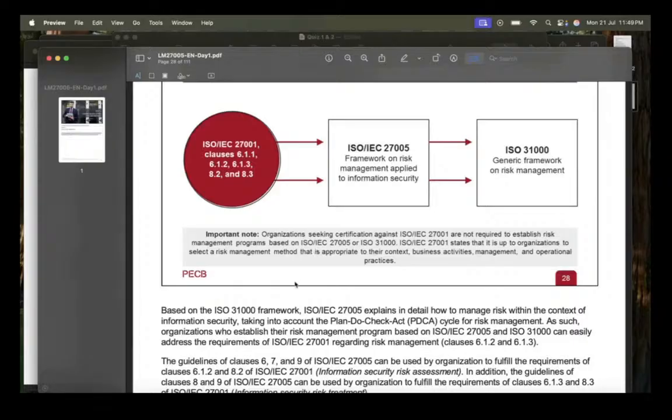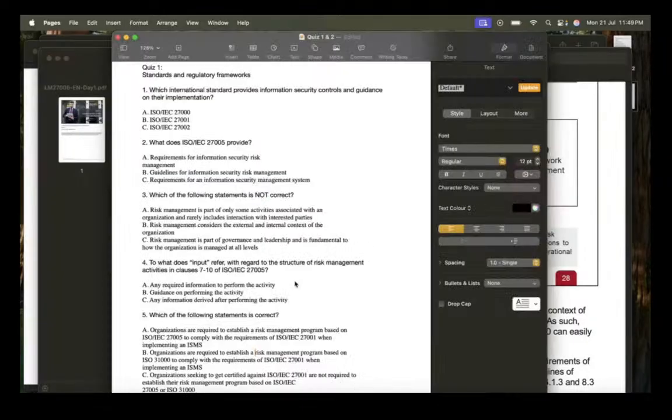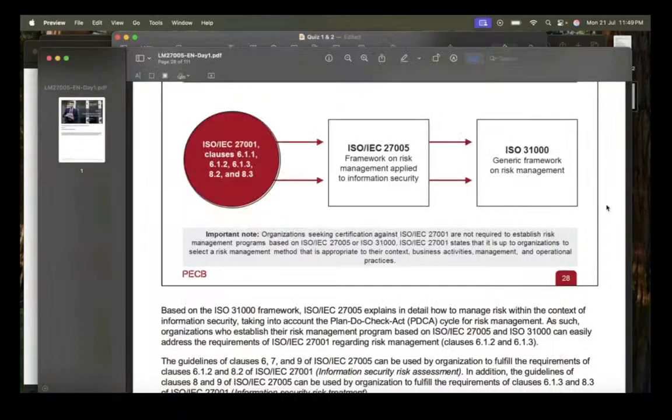So it's C, right? Yeah, correct. So C is the correct option for this. This is only we can understand when we have gone through all the ISOs, maybe a couple of times, so that we will remember. So for this one, C is the correct answer because this is the note mentioned here.